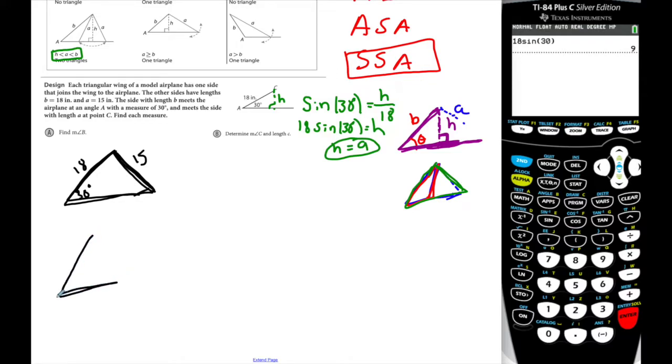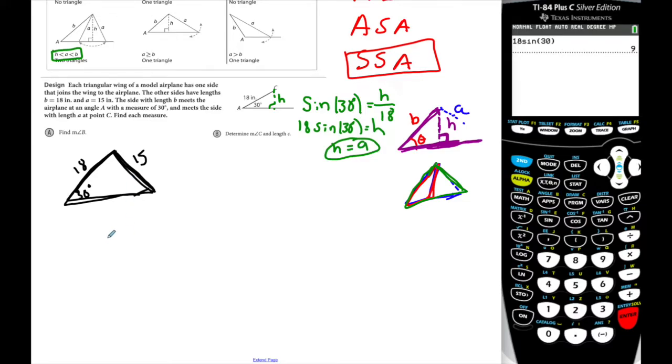So here's my two sides. I wish I could be a little bit more precise sometimes with my pen. Here's my wing, and then instead of going down, it actually snaps back this way, rather than snapping this way. I'm going to make that a little bit bigger now that I've done that for you to see.